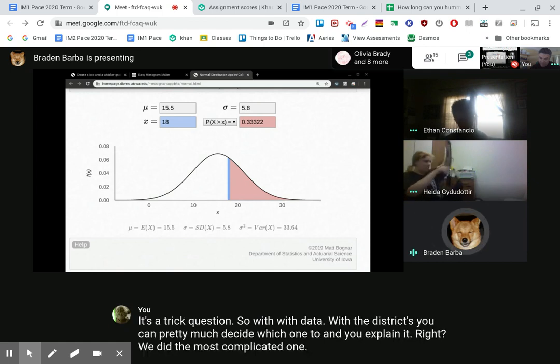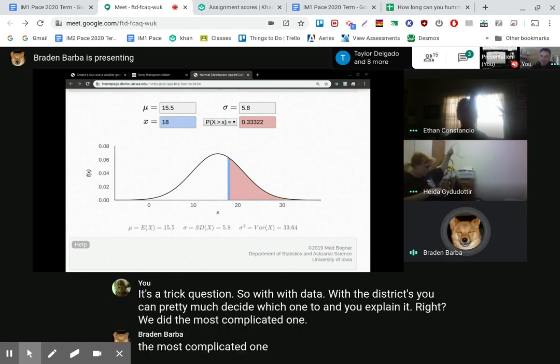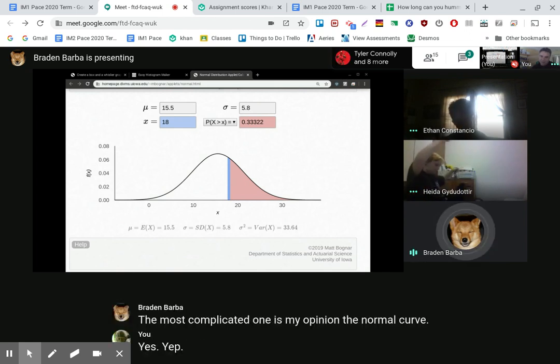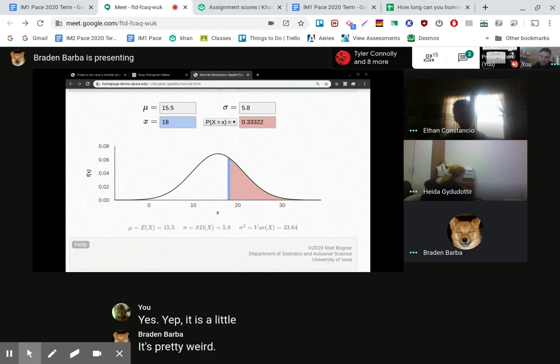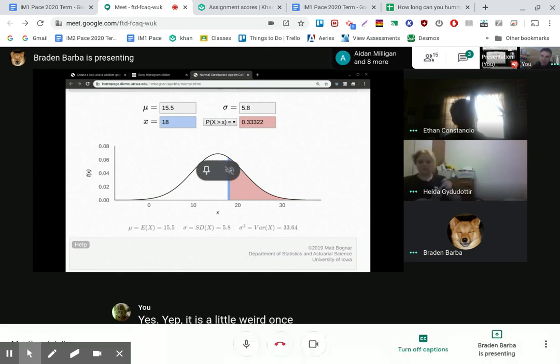The most complicated one is, in my opinion, the normal curve. It's pretty weird, but once you get it, everything underneath the shape of the bell curve is 100%. In bell curves, there are no outliers. Outliers are way over here, but they're just part of the data.